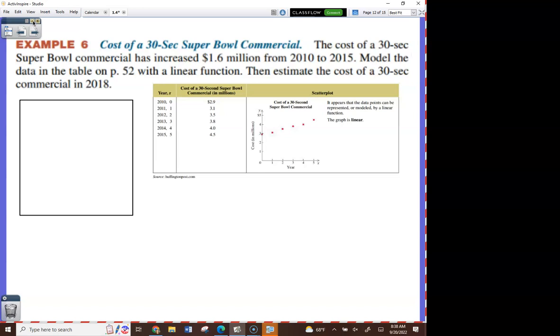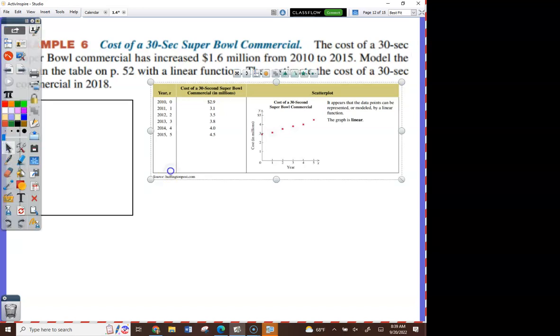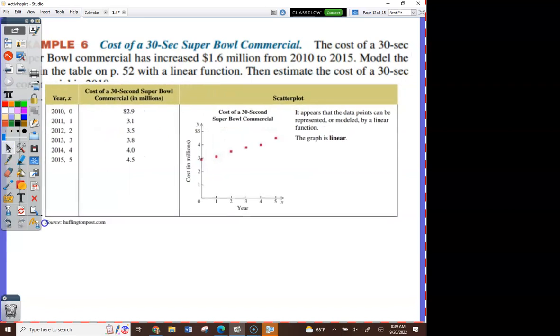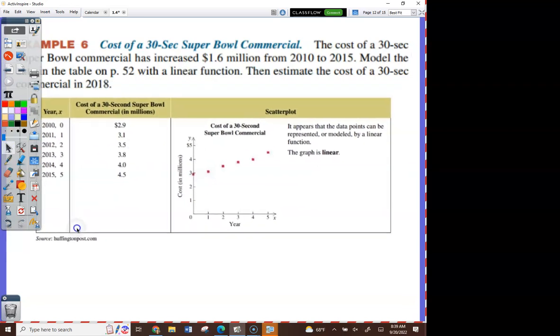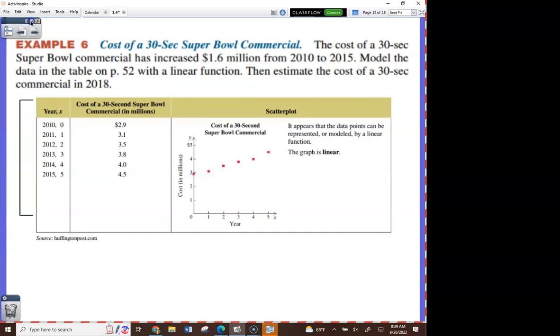The table, I put it on your paper for you. It's a little small. It's a little hard to see. So let me see if I can make this table. There we go. All right, so let's look at the information. In 2010, they're saying use that as your base, so that's your base year, so X is 0. It was 2.9 million in 2011, so 1 year after 2010, it was 3.1 million, and so on.